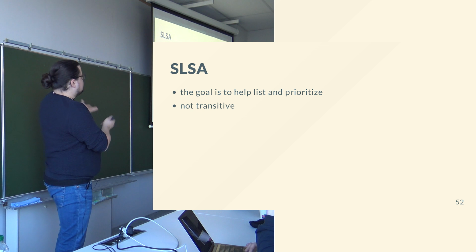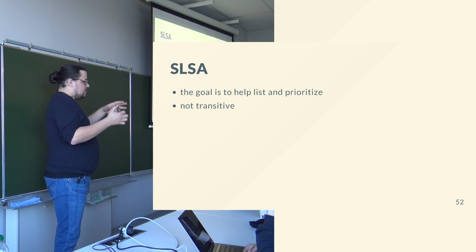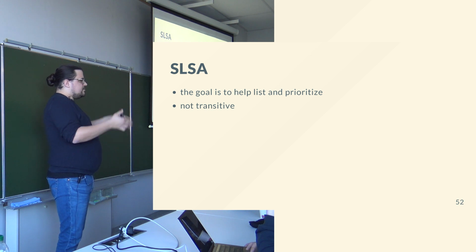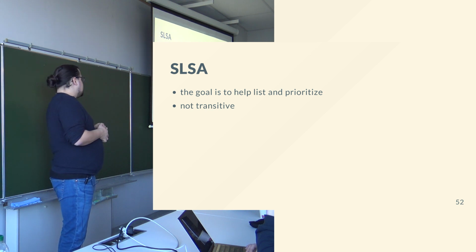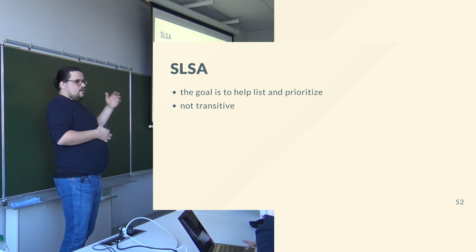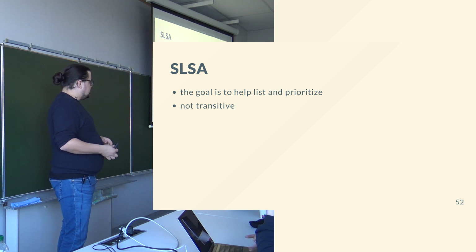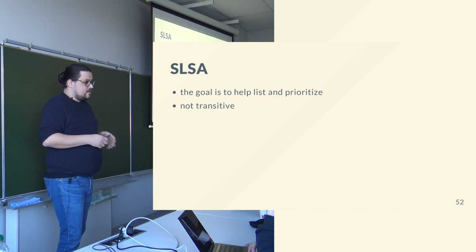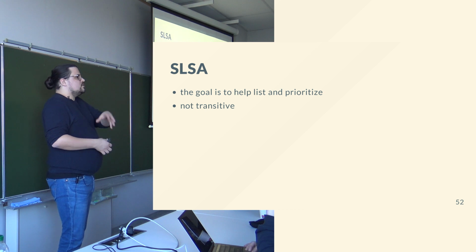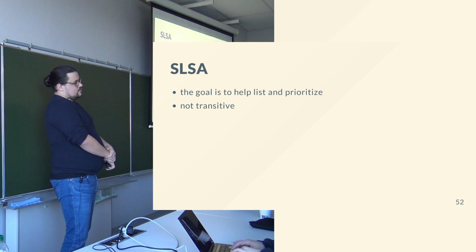It's not transitive, and that's a really important thing about SLSA: the level of each component in the chain is independent. So you may work on your own software and give it a high level, we'll see the levels just after, even if you include dependencies with absolutely no compliance to SLSA.